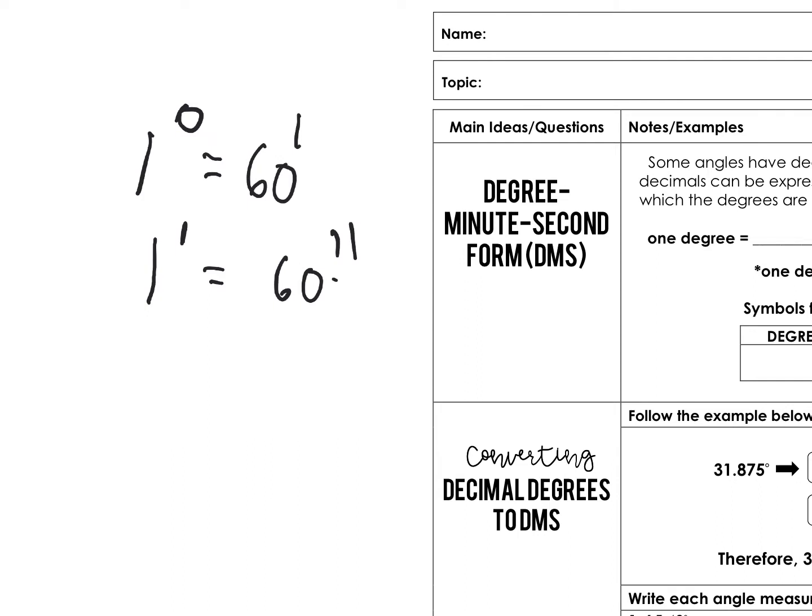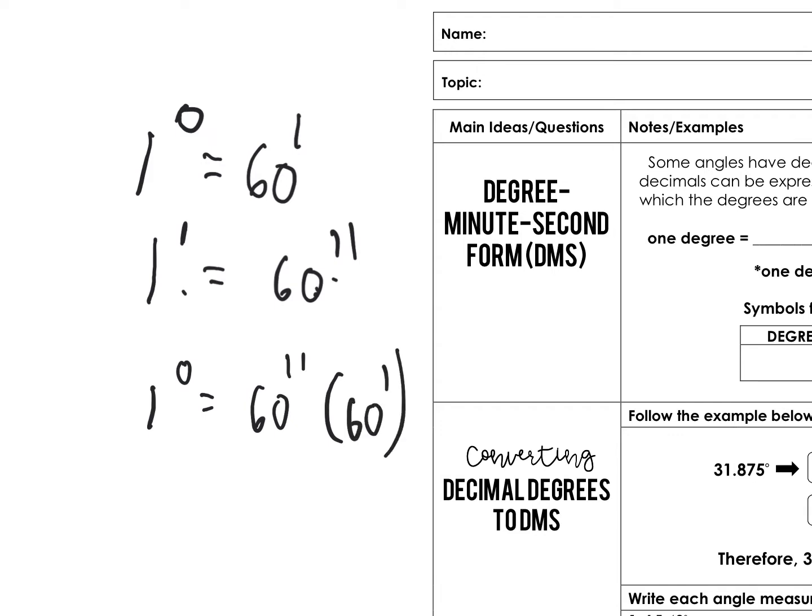So there's 60 minutes in a degree, there's 60 seconds in a minute, just like in a clock. 1 degree would be equal to 60 seconds for every minute.